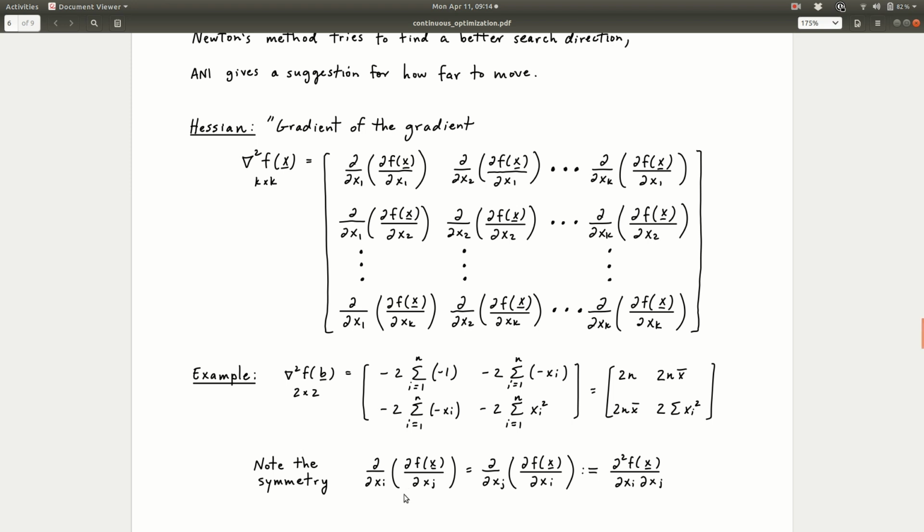And the next thing is to note the symmetry of the Hessian. If you take the derivative of this with respect to xi, it's going to be the same as the derivative of this with respect to xj. The notation we use for these entries is not usually this notation. This is helpful for explaining what's actually happening, but we use this notation.